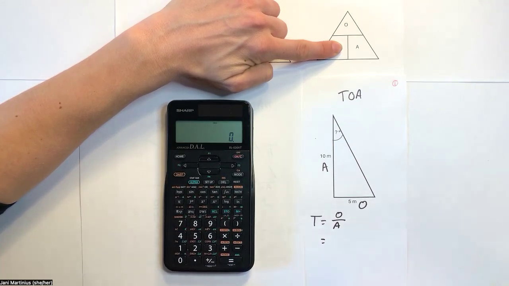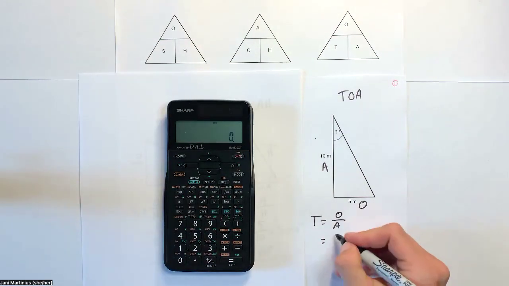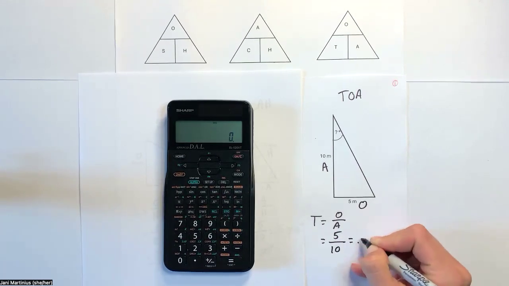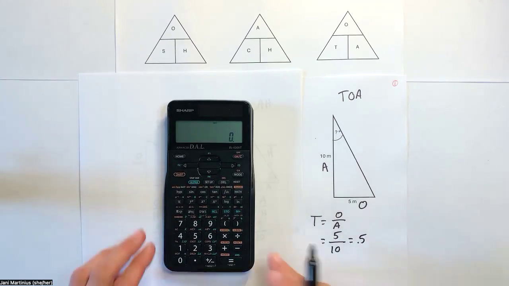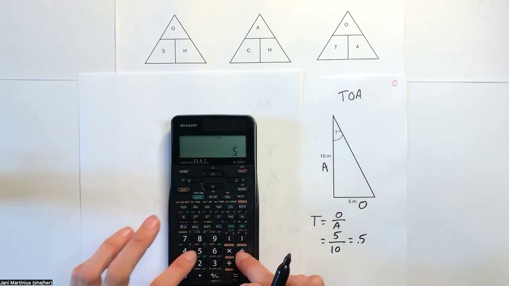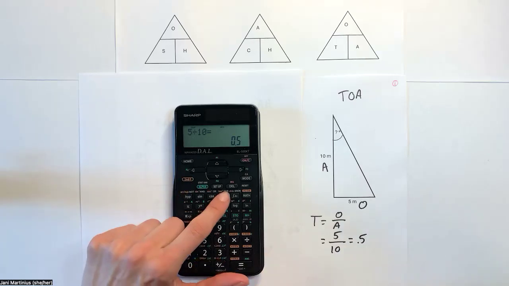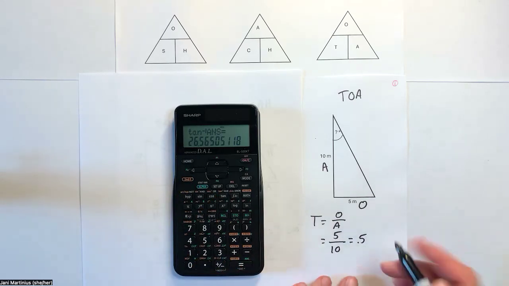Excellent. Now we plug in the numbers. We have opposite 5 over adjacent 10. Again, gets us 0.5. But check this out. 5 over 10 gets us the 0.5. Second function, tan.